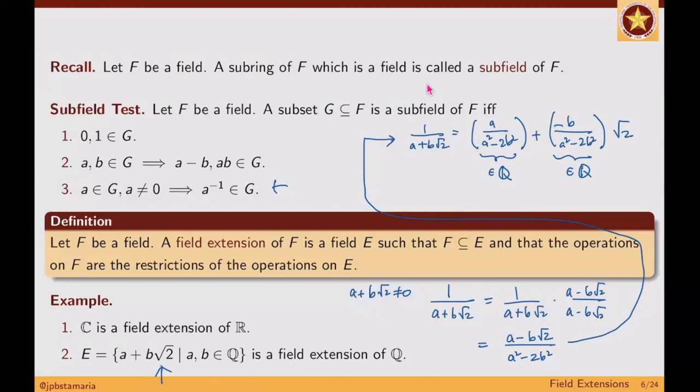In fact, this contains the square root of 2. Gawin mong 0 si A, 1 si B. And this contains all the rational numbers. Gawin mo lang 0 si B, gawin mong arbitrary si A. In fact, nandito lahat ng mga bagay na pwede mong gawin sa square root of 2.